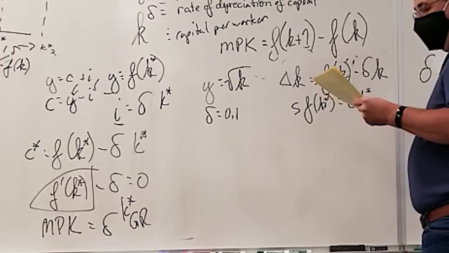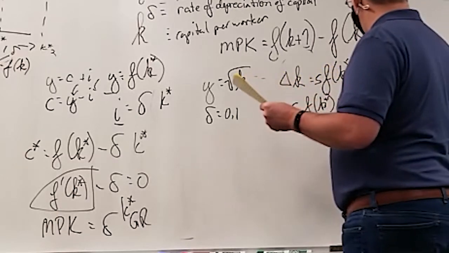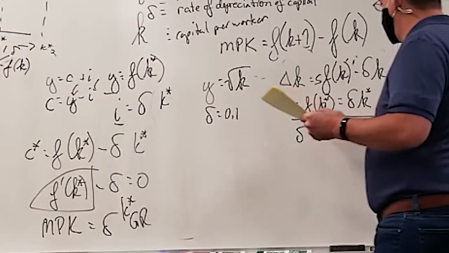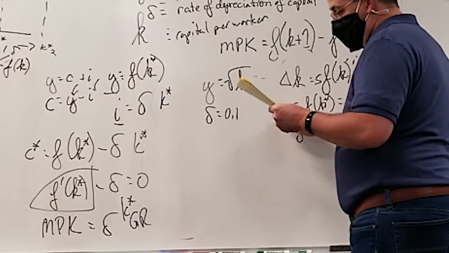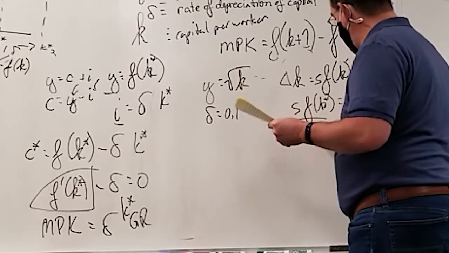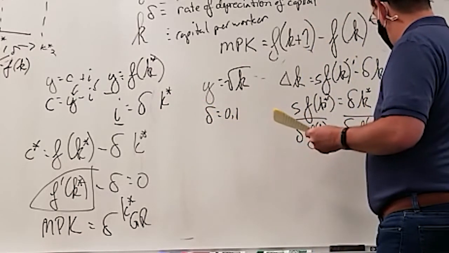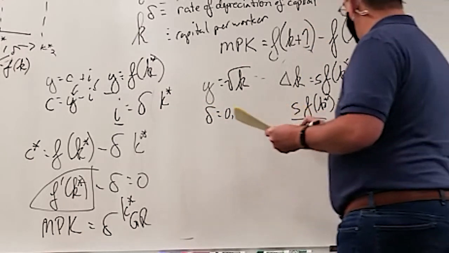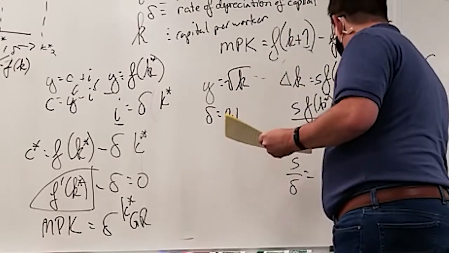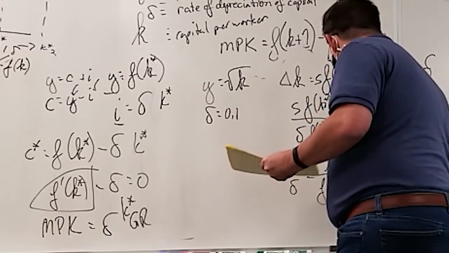If I divide both sides by delta, and if I divide both sides by f of k, and what I'm left with is s over delta is equal to k star over f of k star.